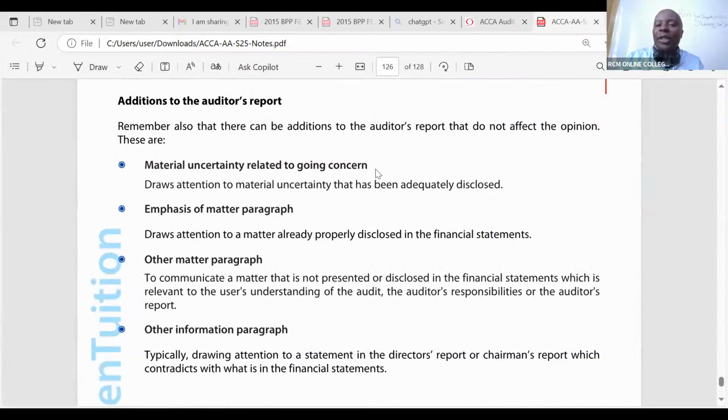But now I must come very fast and introduce a very important new paragraph, which in this case is titled MURGC, material uncertainty relating to going concern. So we have here material uncertainty relating to going concern. This draws attention to the material uncertainty that has been adequately disclosed.